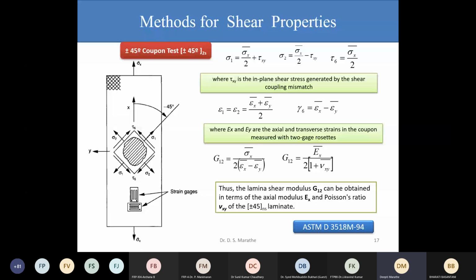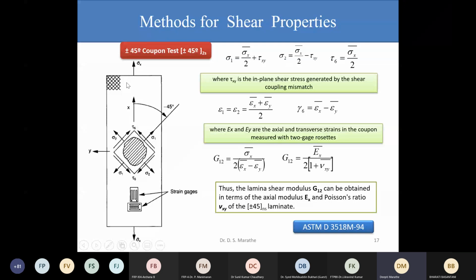So here there are a number of tests used to do that. The first test used to find the shear properties is the plus minus 45 coupon test. As shown in this figure, I have a symmetric laminate built up of plus and minus 45 angle laminas.